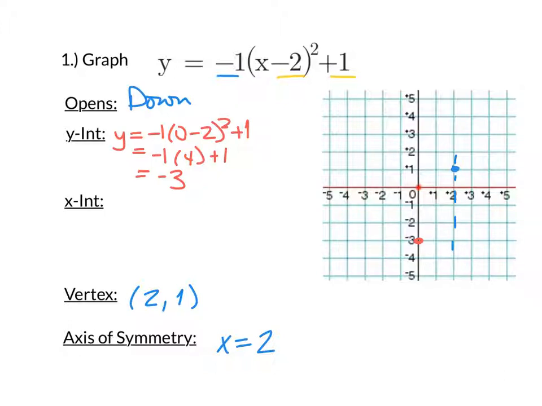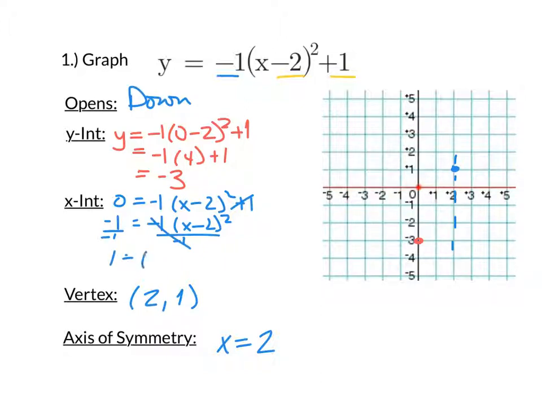Then, to find the x-intercepts, we're going to let y equal 0. So 0 is equal to -1 times (x minus 2) squared plus 1. I'll subtract 1 to get this one onto the other side. Then divide both sides by -1 to get rid of this coefficient.